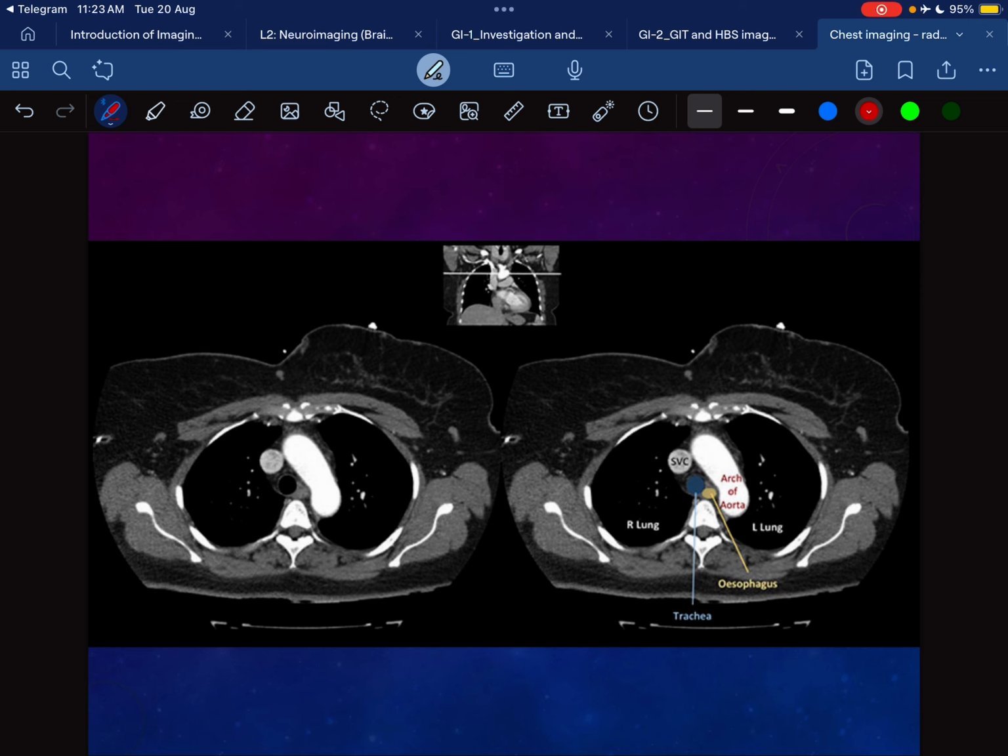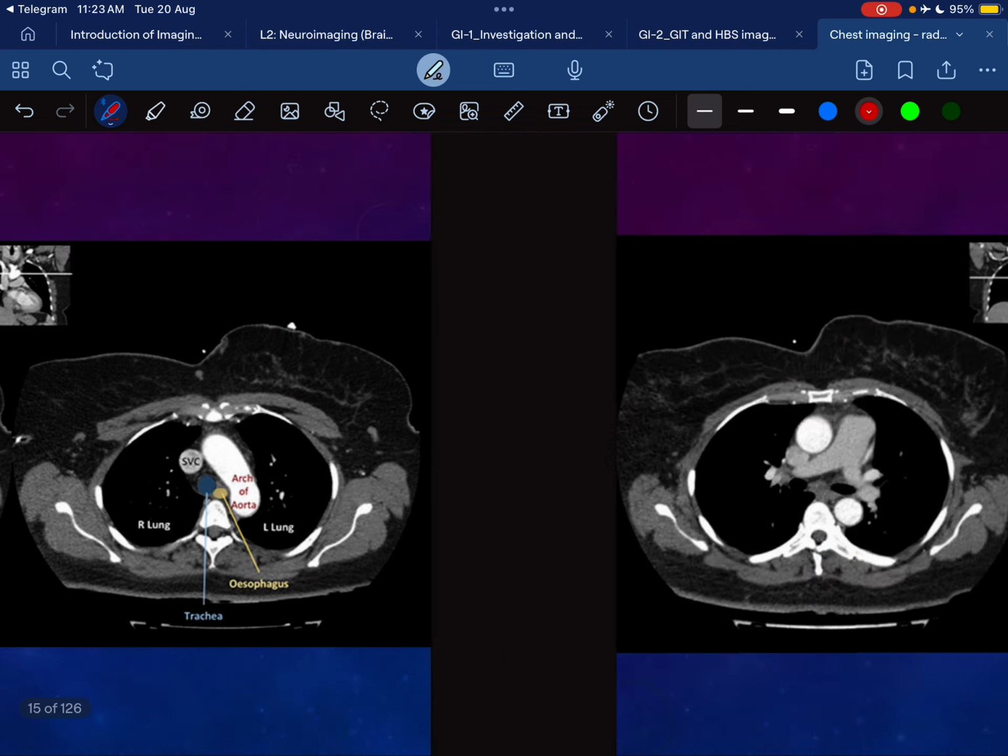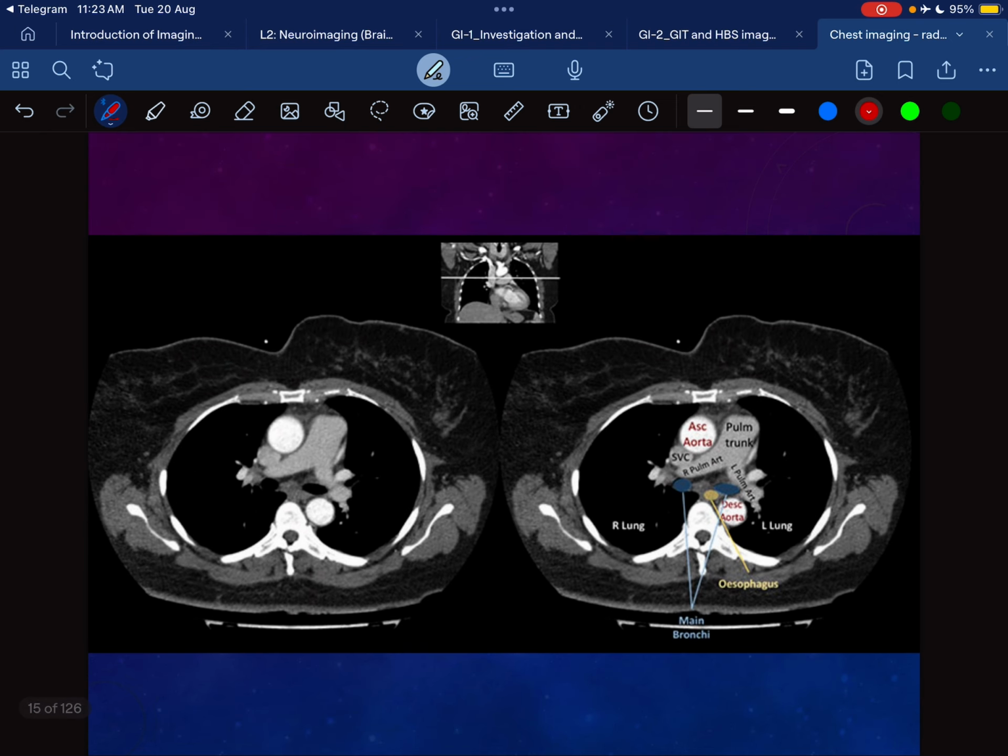That's a pulmonary artery, descending aorta, esophagus, left main and right main bronchus. This is called a soft tissue window. In the soft tissue window, we cannot see the lung because everything is black. We have to change to something called the lung window, and we'll see it later.